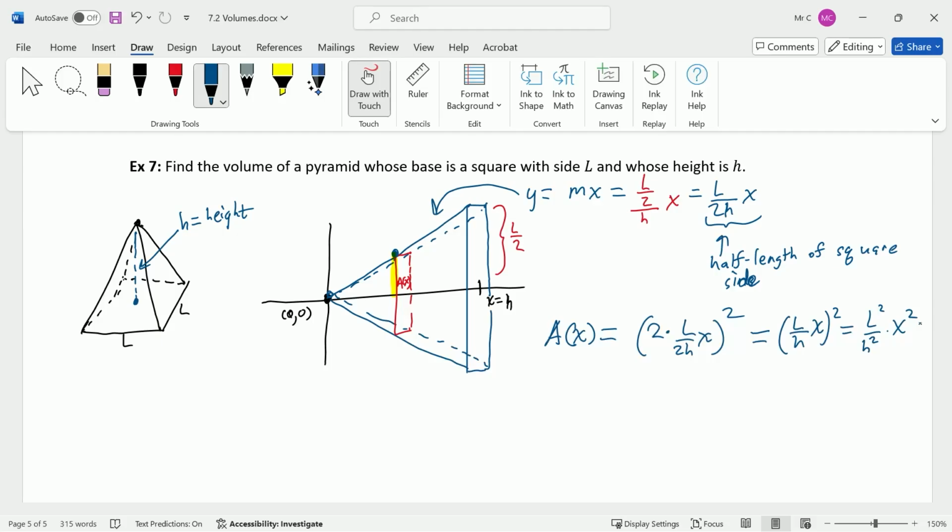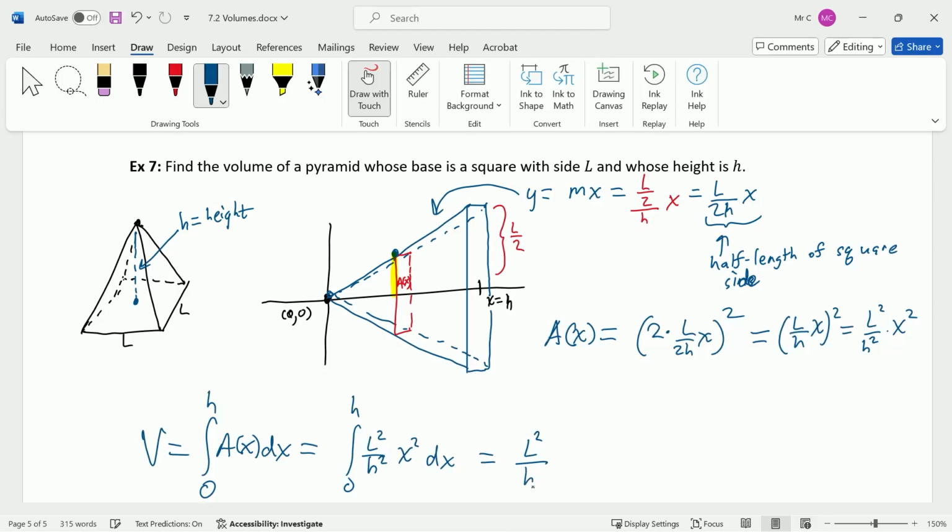That was the whole key here, really. I just needed to figure out the area formula for our cross sections, and the rest is pretty easy. So now I set up my integral from 0 to h of my area function, L squared over h squared times x squared dx.